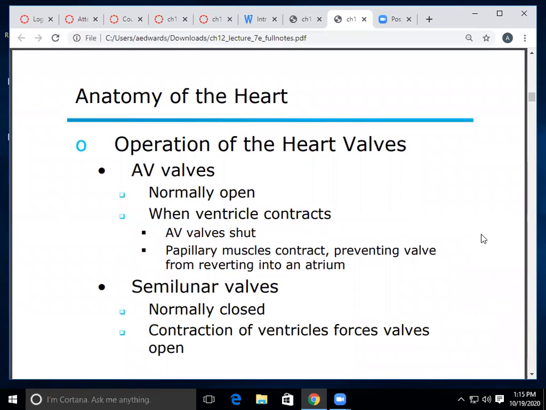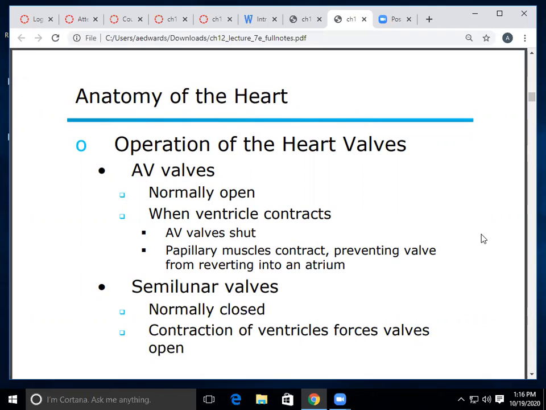Okay, let's talk about the heart valves a little more. So you have the AV valves and the semilunar valves. The atrioventricular valves are normally going to be open. When the ventricle contracts, it shuts down the AV valves because the blood's already come through there.